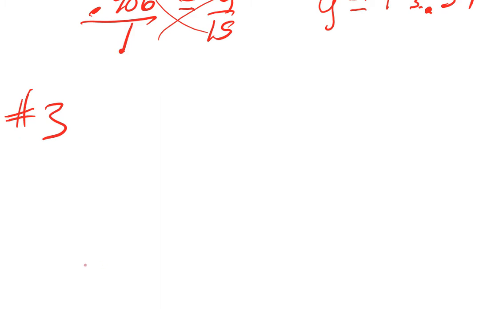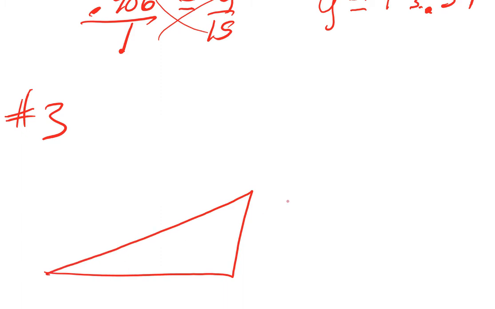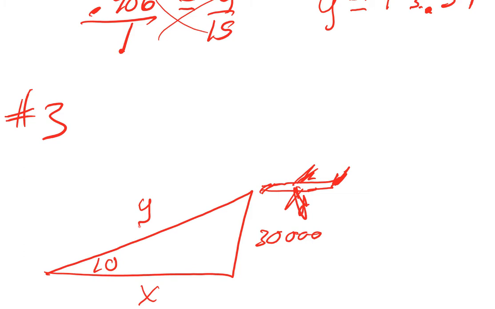So we have a plane here. There we go. Good drawing. Okay, and it is 30,000 feet high, and the angle is 10, and they want us to find X and Y like that.